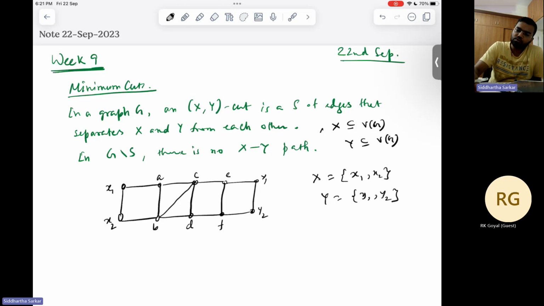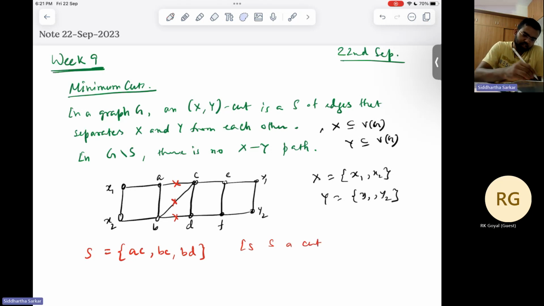Okay. So now consider this cut. Let us say we delete these three edges. So S is AC, BC, and PD. So is S a cut, an XY cut?